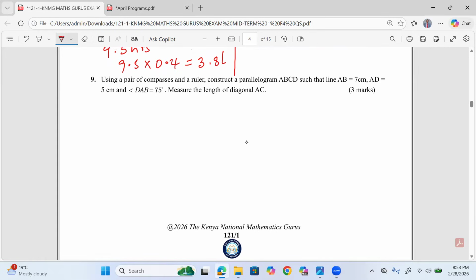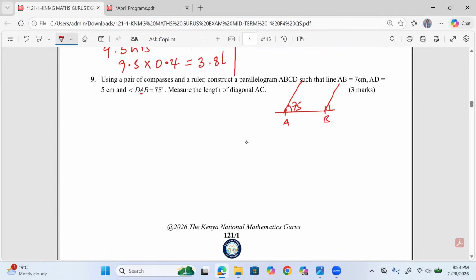Simply to sketch, first we sketch AB as 7. The angle at A is the one to be 75, so 75 shall be here.